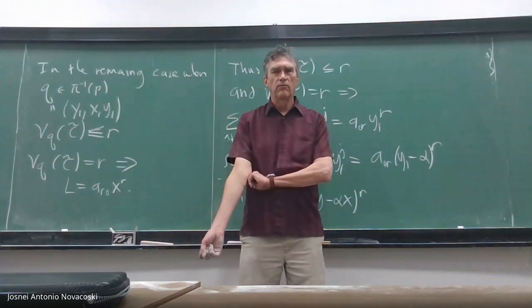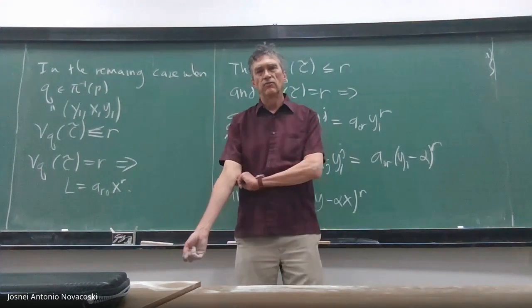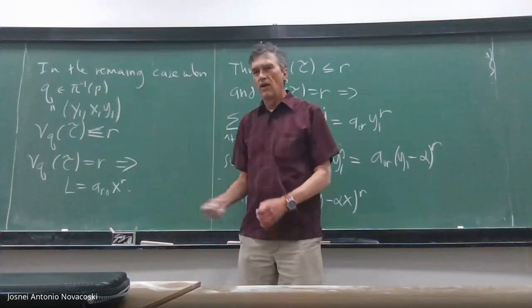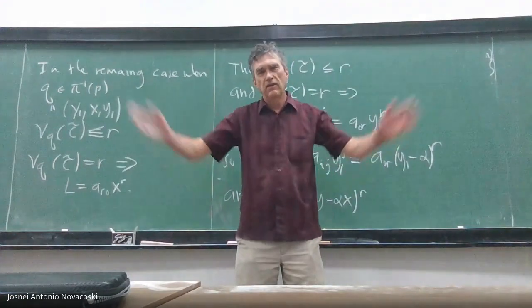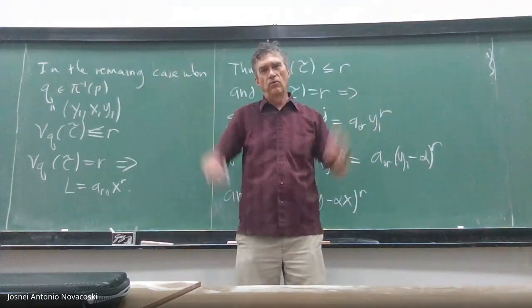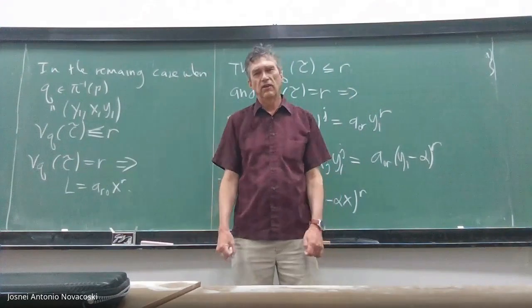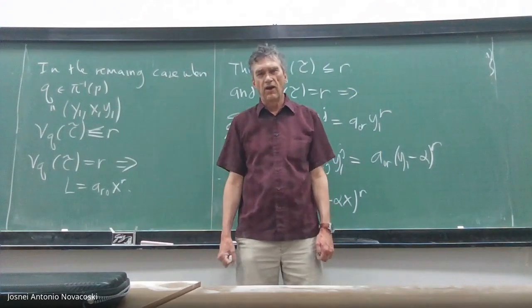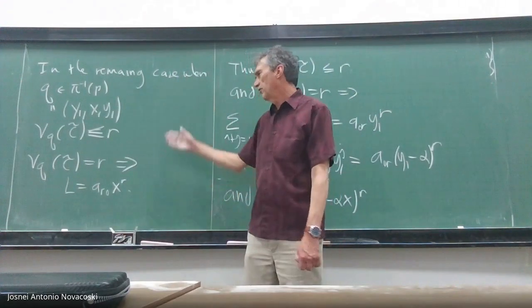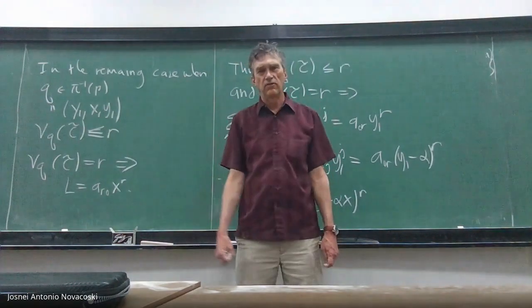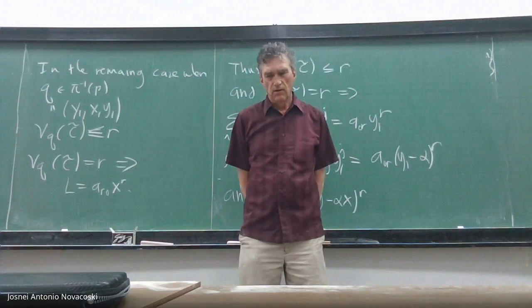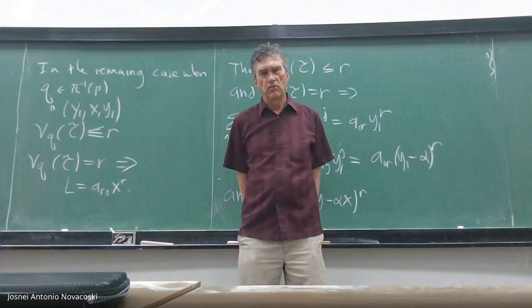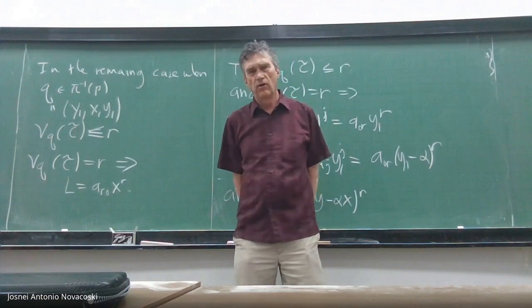But there is a hard fact, which is that, for instance, in this case here, every time you blow up, you get 2 new charts. So you see that quickly it grows and the complexity gets completely out of sight. For plane curves, I think there are very reasonable computer algorithms which converge.